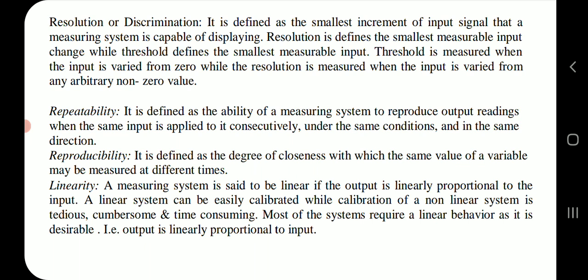input. A linear system can be easily calibrated, while calibration of a nonlinear system is tedious, cumbersome, and time consuming. Most of the systems require a linear behavior as it is desirable, that is, output is linearly proportional to input.